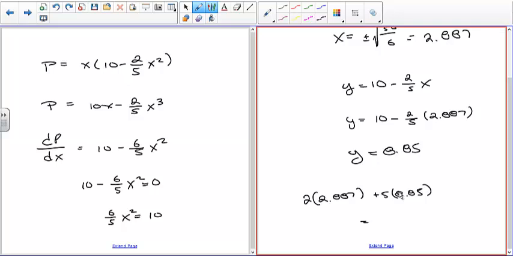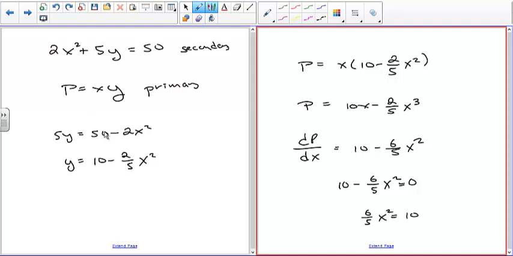Let's try this again. 2 times, so this is this number squared. 2 times 2.887 squared plus 5 times 8.85. Still got the wrong number. Okay, let's go back here. 2x squared plus 5y.